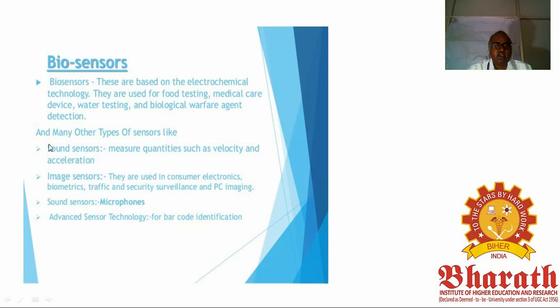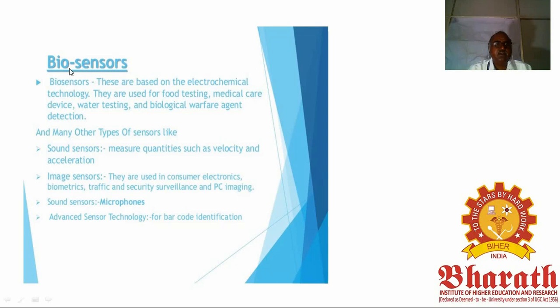Another type of sensor, like sound sensors, may also be classified, but they belong to a different category. And image sensors are also there.